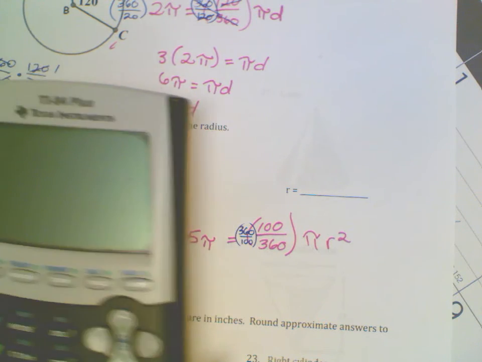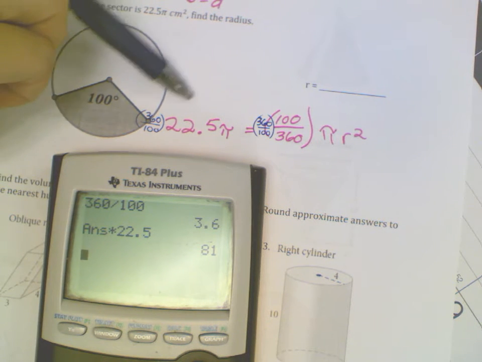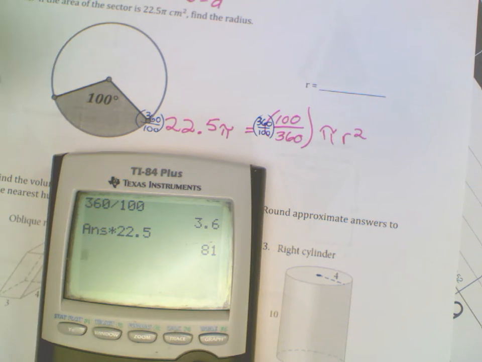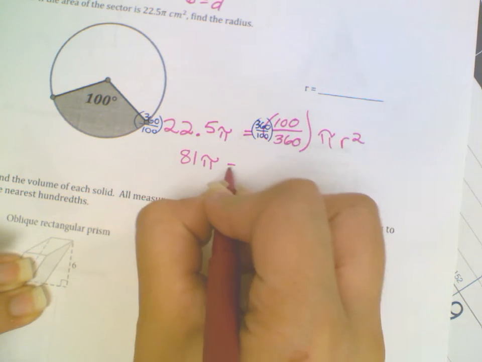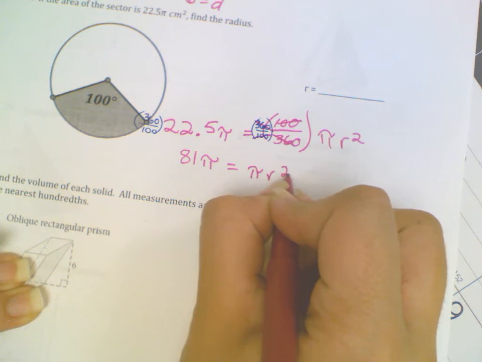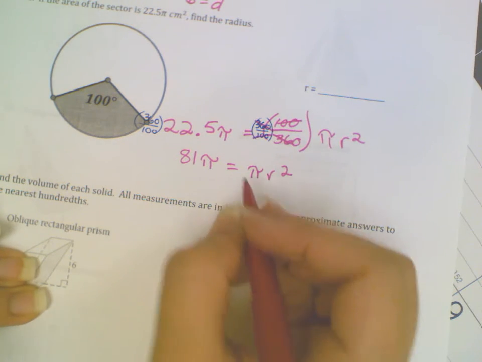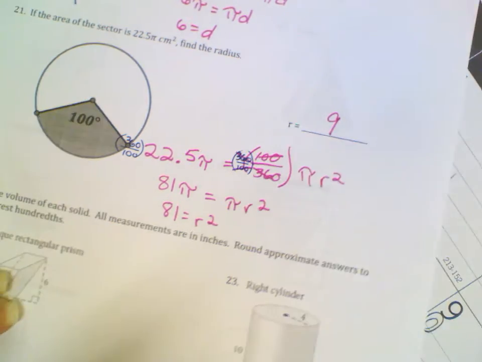So the way I would do that in my calculator, I would do 360 divided by 100 times 22.5. Now I'd get 81. So this side needs to be 81 pi. 81 pi is equal to pi r squared. If I divide both sides by pi, I get 81 equals r squared, so the radius must be 9.